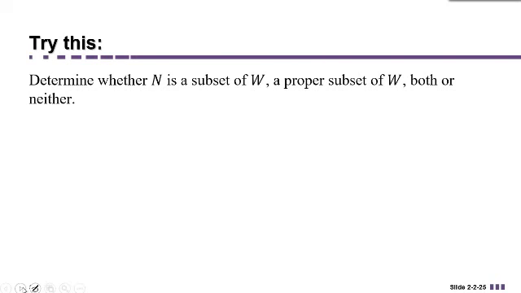So you try this. Determine whether bold N is a subset of bold W, a proper subset of bold W, both or neither. All right, so first we have to remember from our first class, what did the boldface N represent? What set of numbers did the boldface N represent?